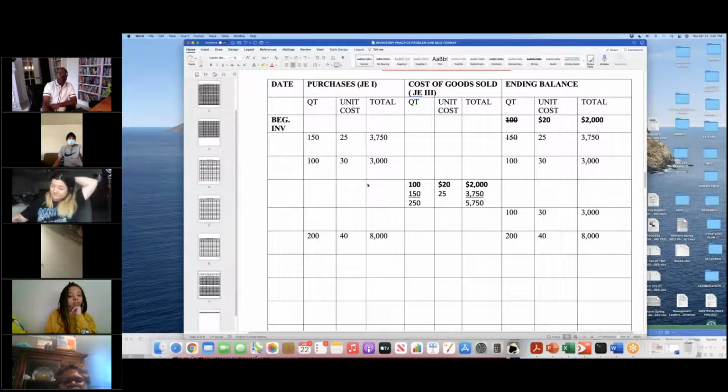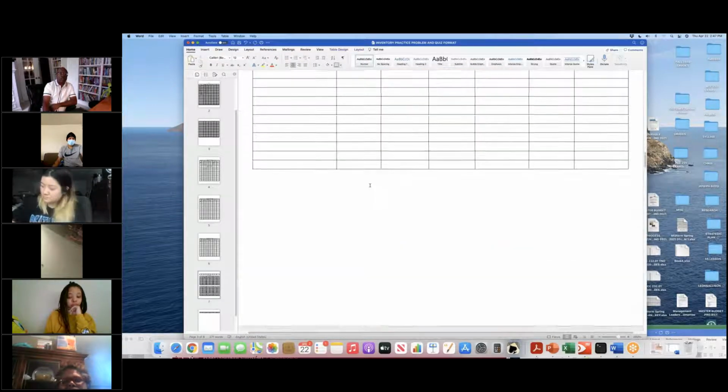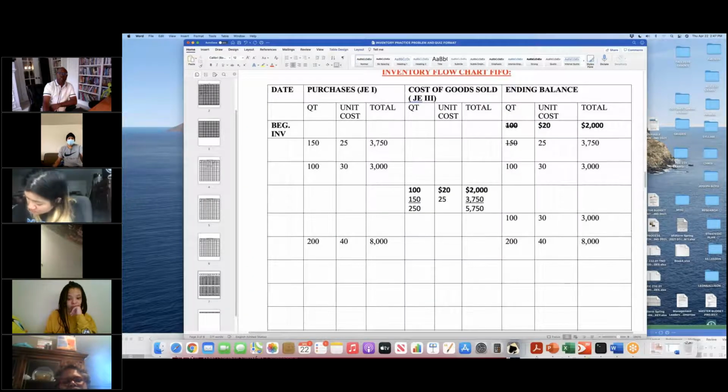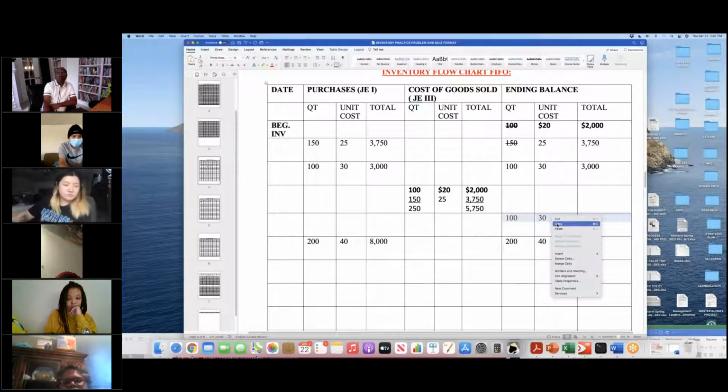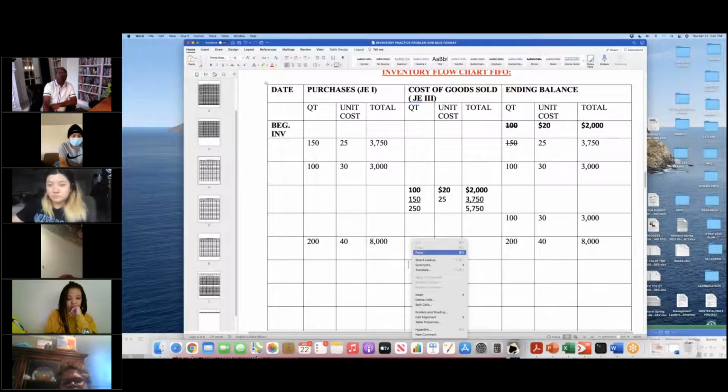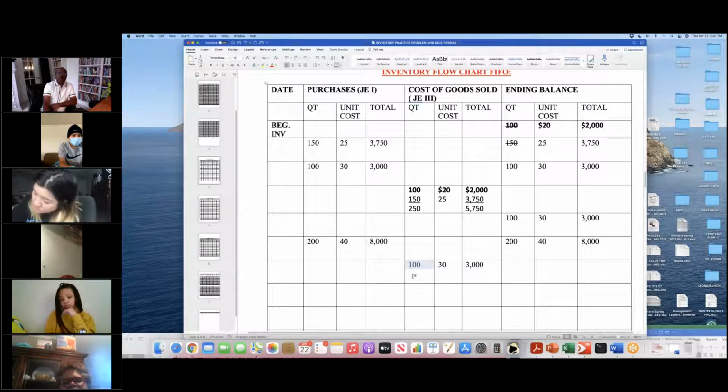So now we sold 250 again, but we got to come in here and get the cost of the 250. So we know we're gonna have all of these. For 150 of these, so we can get to 250.